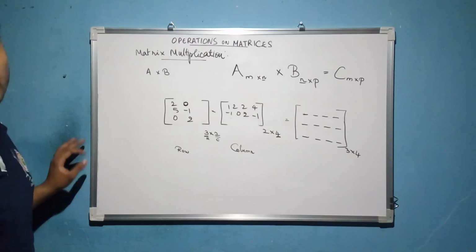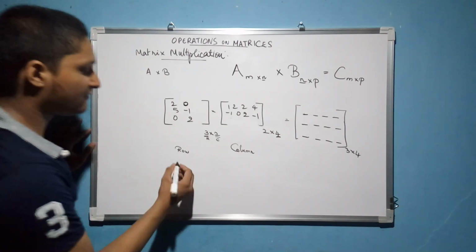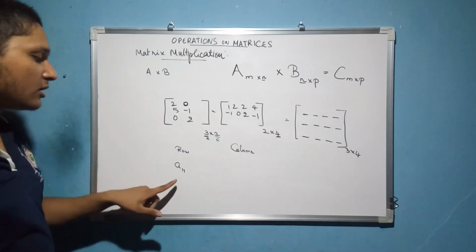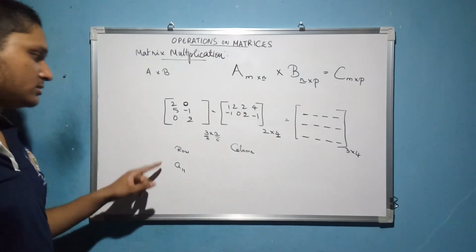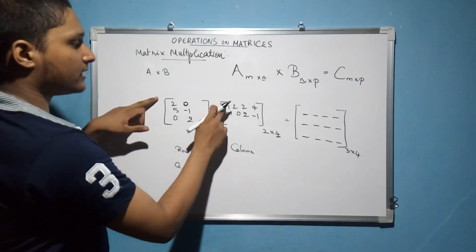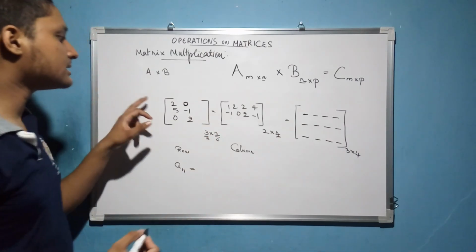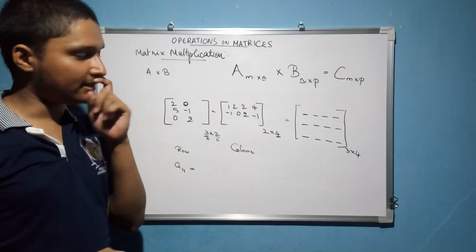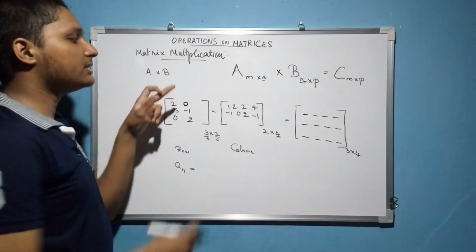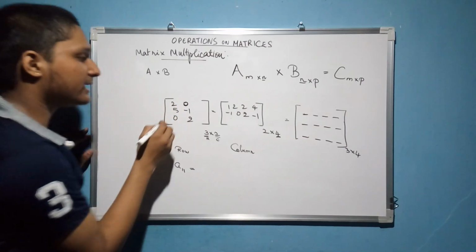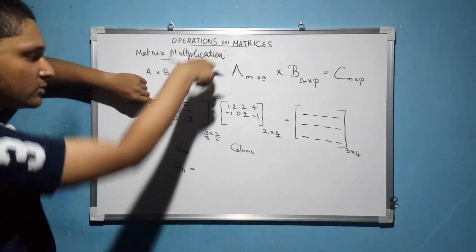So for that, what we need to do? We want the first element A1 1. I'm considering 1 because first row and the first column. So 2 into 1 is 2. First row, first column means I need to multiply every term of the first row with every term in the first column.